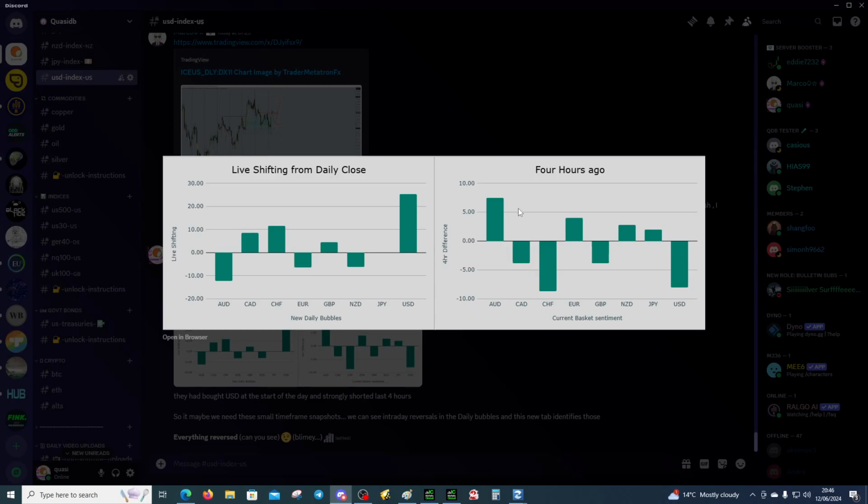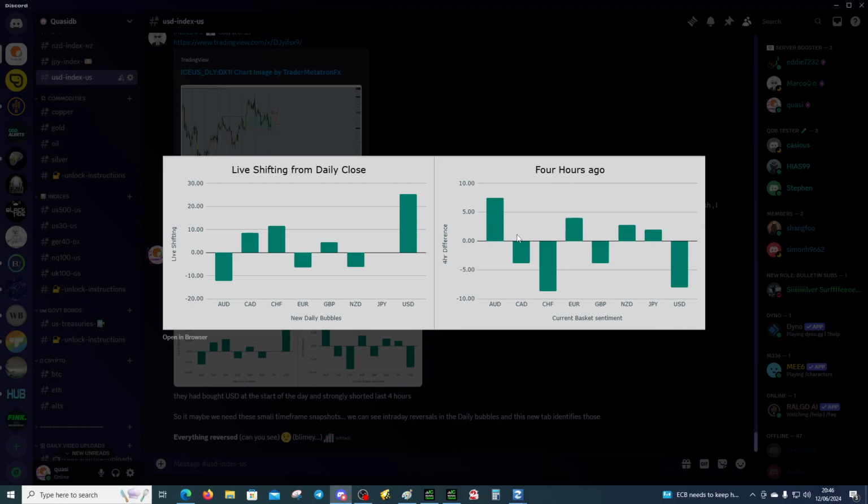So I think what you could do, if you've got the sheet access, is use the daily close as an overarching view, but then perhaps use the 4 hourly to try and confirm the daily close view. And now we see there was a mismatch. So you could have done one of two things.